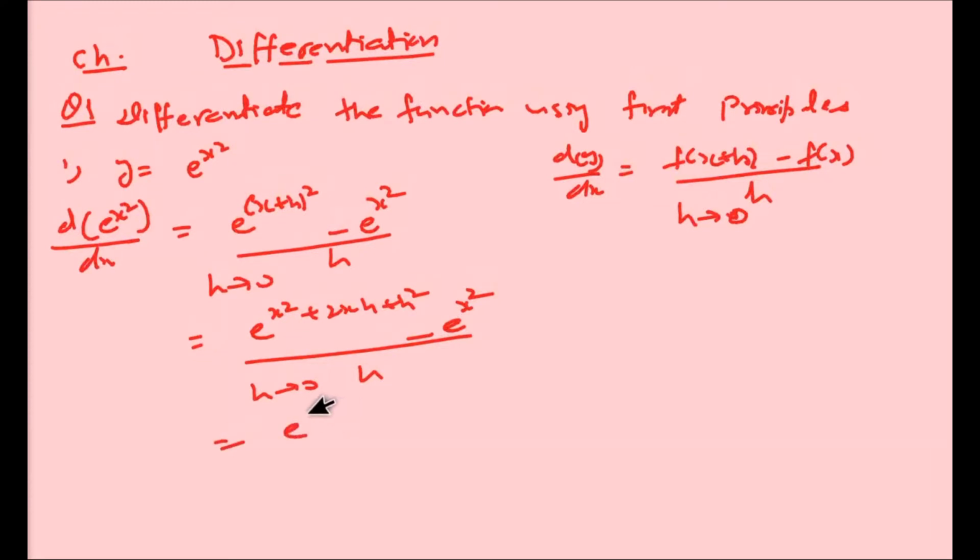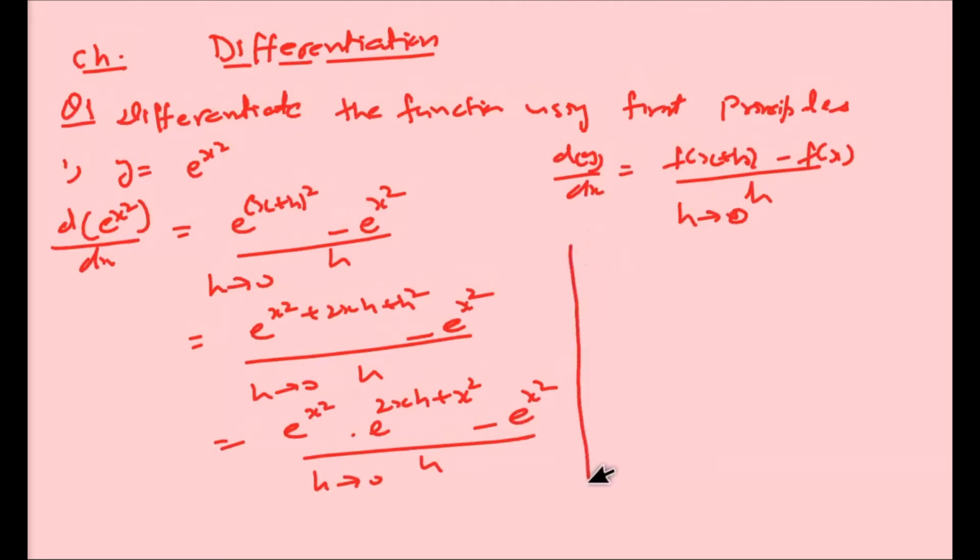We can write here e to the power x square into e to the power 2xh plus h square minus e to the power x square upon h, h tends towards 0.